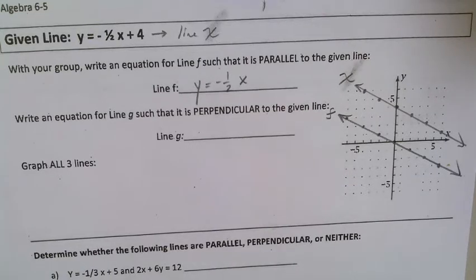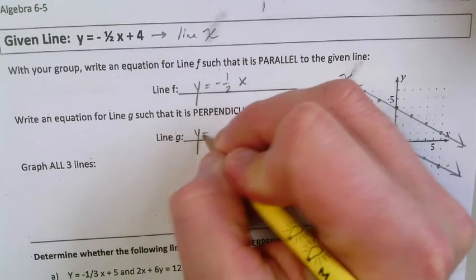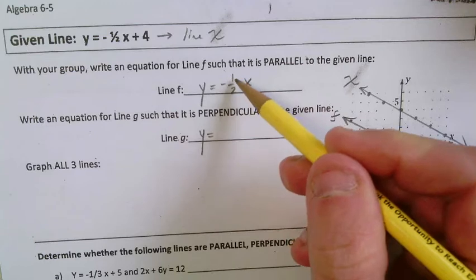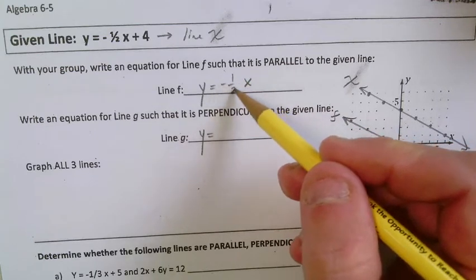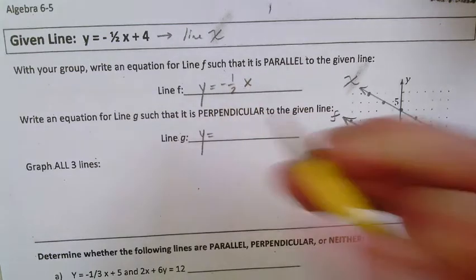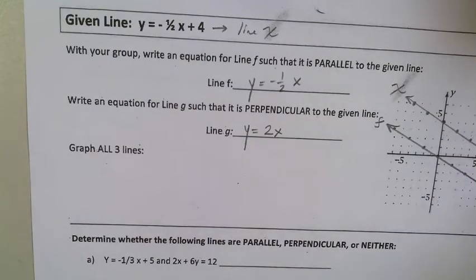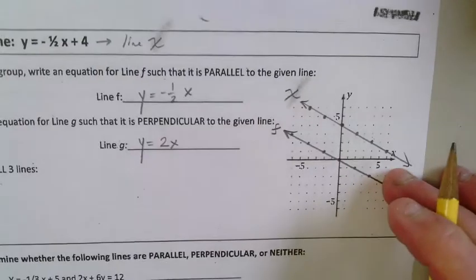Then it says write an equation for line G such that it is perpendicular to the given line. So line G is perpendicular, so I need the opposite reciprocal slope. Well, the opposite's going to be positive. The reciprocal of 1/2 is 2/1. So I'll just write it out like this and say it doesn't matter what my y-intercept is on the perpendicular. So I'm going to leave it at 0.